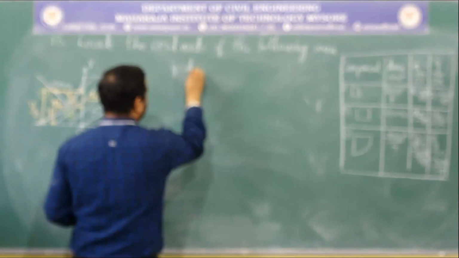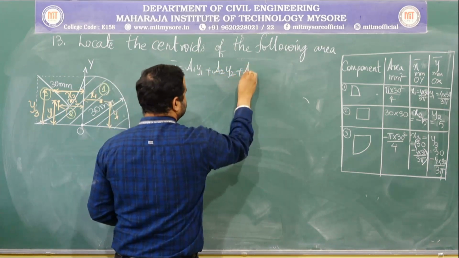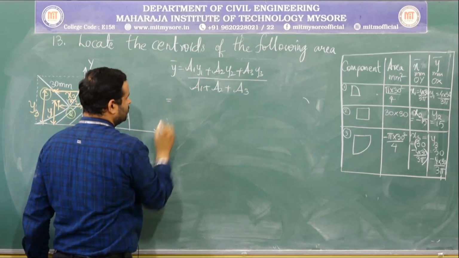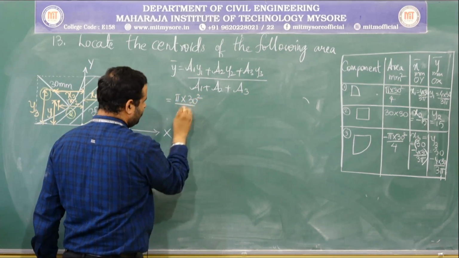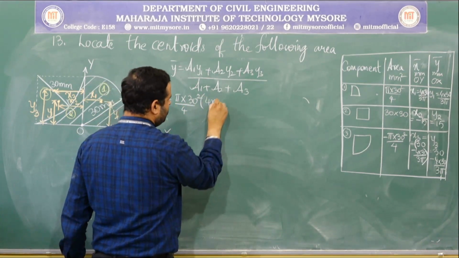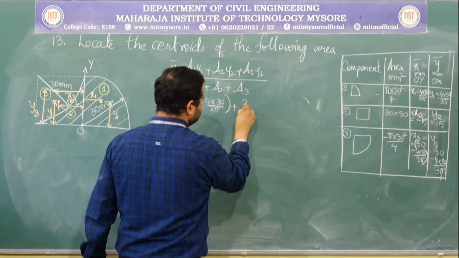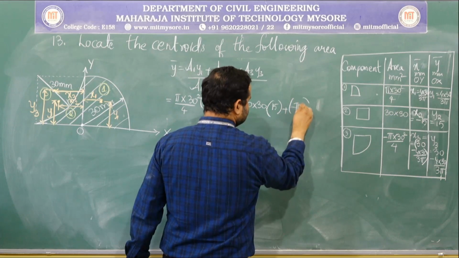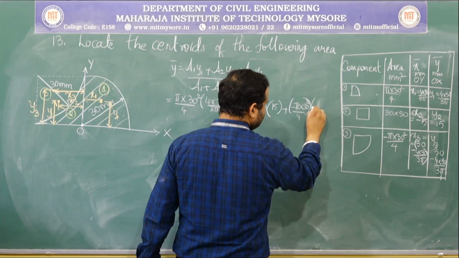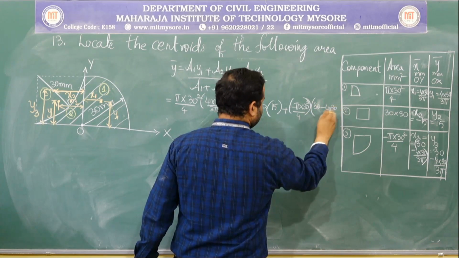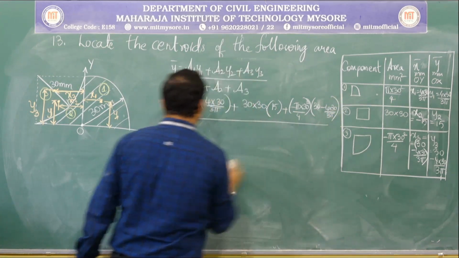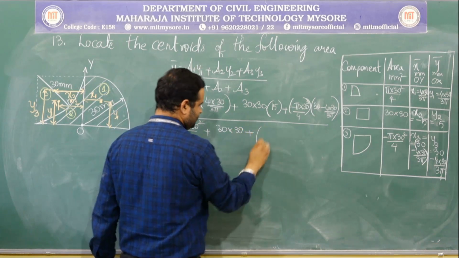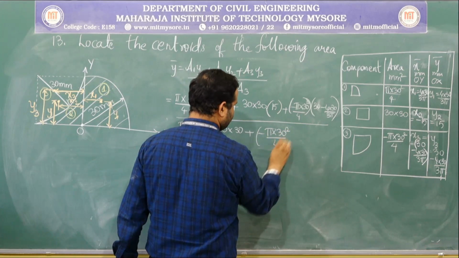So, Y bar is equal to A1 Y1 plus A2 Y2 plus A3 Y3 whole divided by A1 plus A2 plus A3, which is equal to A1 is pi into 30 square by 4 into its Y1 is 4 into 30 by 3 pi, plus A2 is 30 into 30 into Y2 is 15, plus minus pi into 30 square by 4 into Y3 is 30 minus 4r by 3 pi, whole divided by pi into 30 square by 4 plus 30 into 30 plus minus of pi into 30 square by 4.